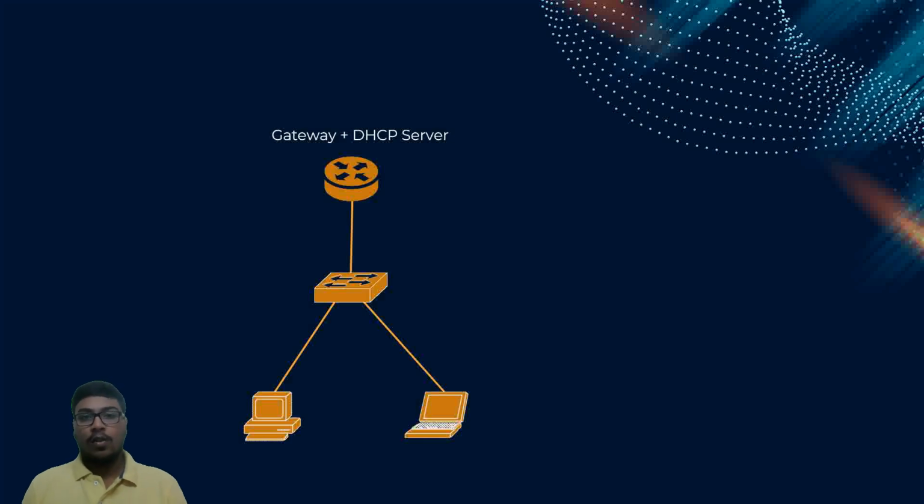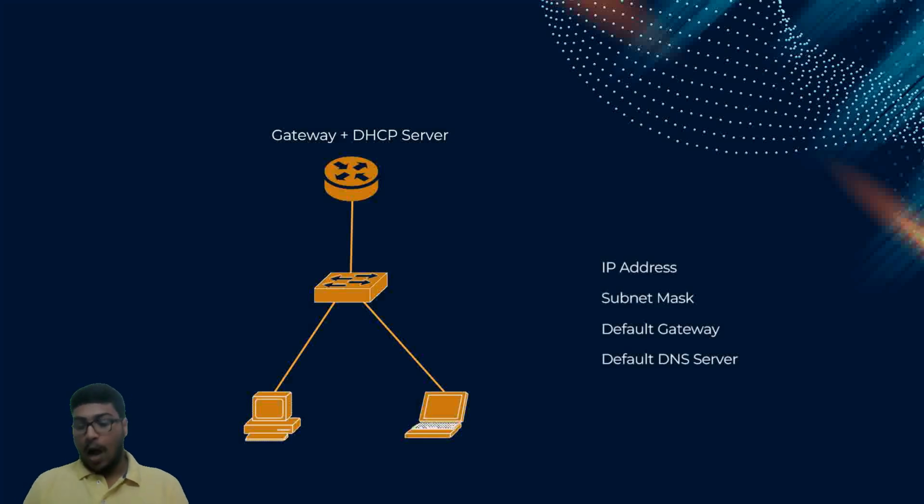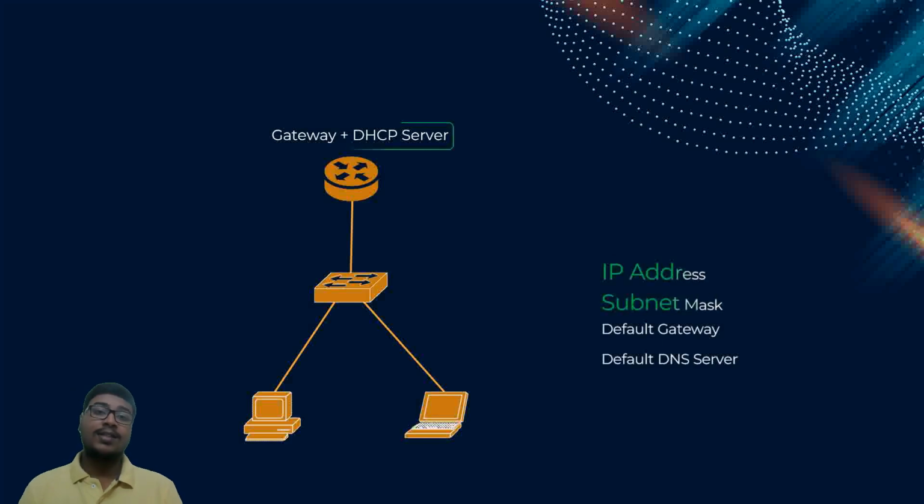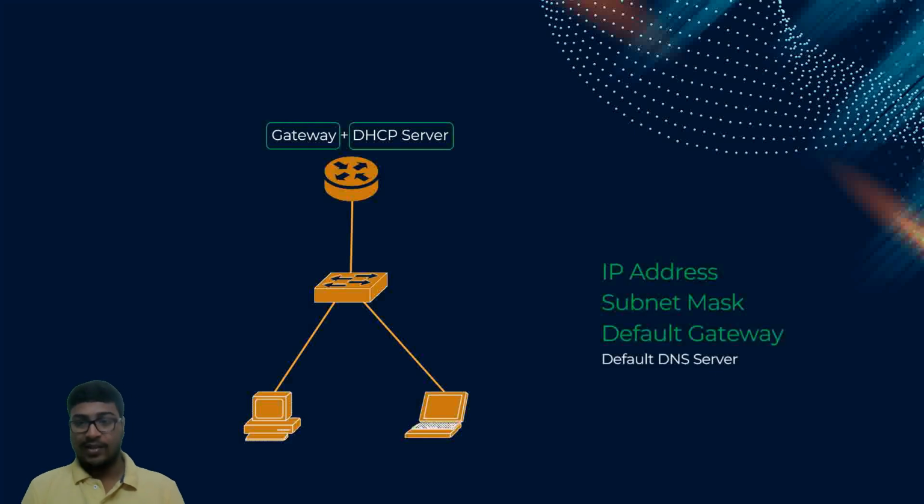Now when we are trying to configure a DHCP server and it has to allocate IP addresses to any new client, along with the IP there are basically four things that are supposed to be allocated to a new device. Out of these four, the first two, which is the IP address and the subnet mask, will be taken care of by the DHCP server itself because it has the pool of the IP addresses, and the default gateway is already configured in the network in the form of the router, so essentially it will be the IP address of the router.